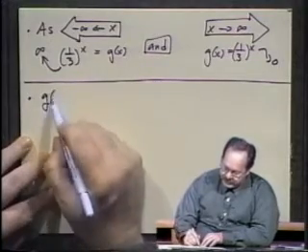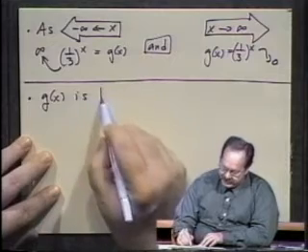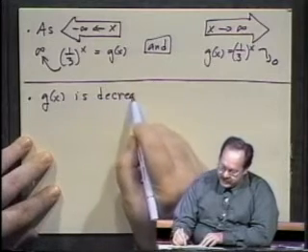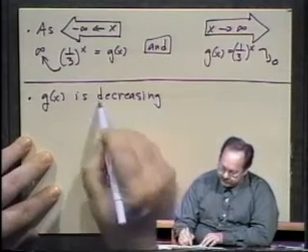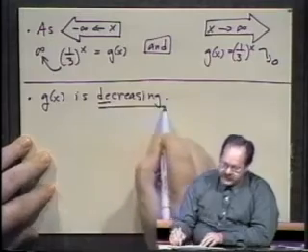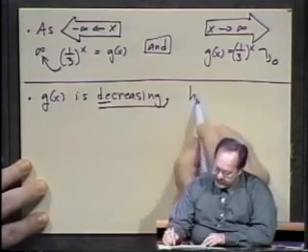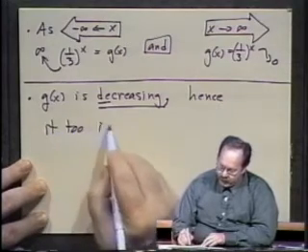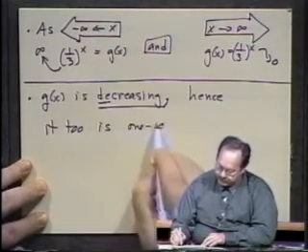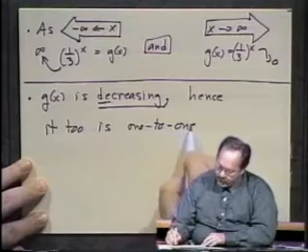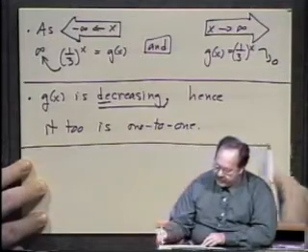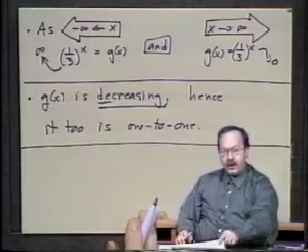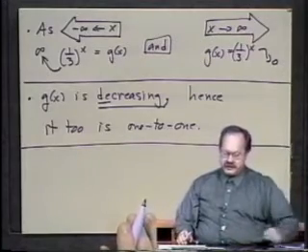And it is clear, too, that g of x is, again, opposite. It is decreasing. So it is a decreasing function. Hence, it, too, is 1 to 1. So this function, where we have a base 1/3 which is less than 1, is also a function that is 1 to 1.